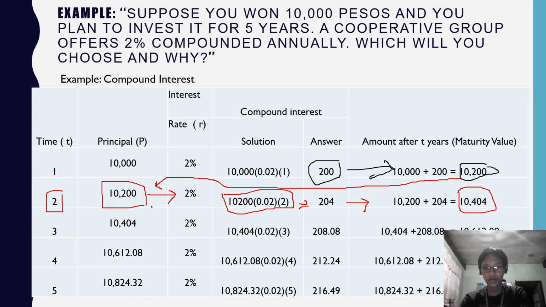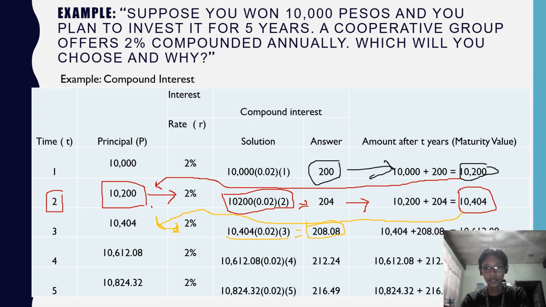Then 10,404 will become the new principal for the third year, and the cycle continues. The solution will be 10,404 times 2% times 3, because it's in the third year now, which is equal to 208.8.